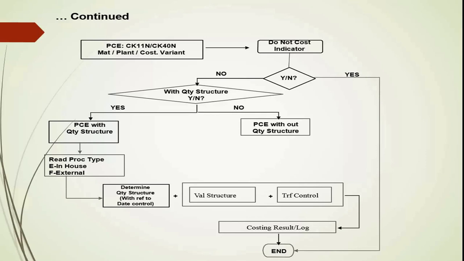All these included will give a costing result. If the costing is done, then that's the end of the process. If there is an error log, then you need to resolve it. If there is an information log, you need to see what kind of information it has. If it is a warning log, then you have to see what the warnings are, then resolve that.